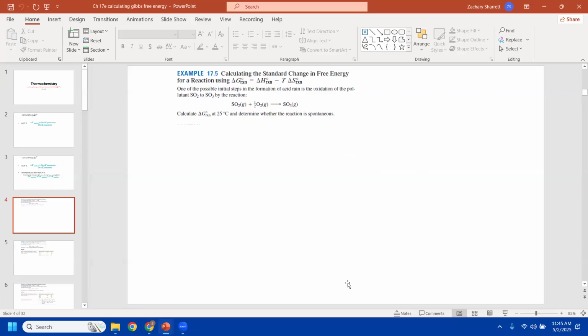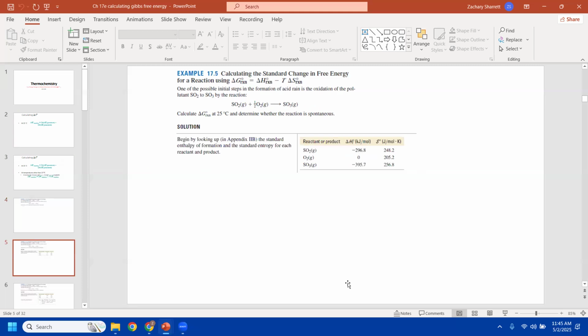LA used to be even more polluted. It's still pretty polluted. Any of you here from the LA area? You offended? No, because it's just kind of the way it is, right? But what they said was sulfur dioxide could react with oxygen to form the compound sulfur trioxide, and that would help cause that, okay?